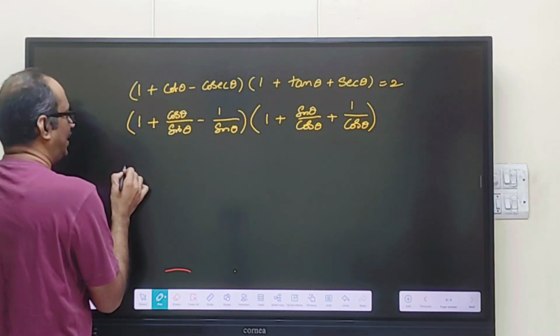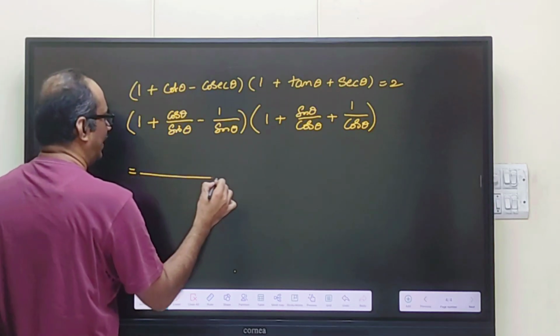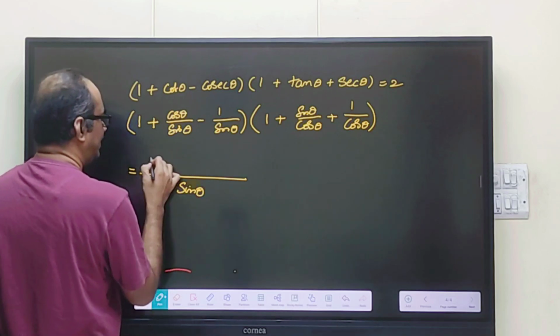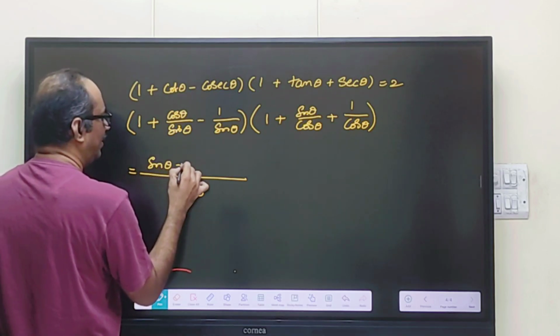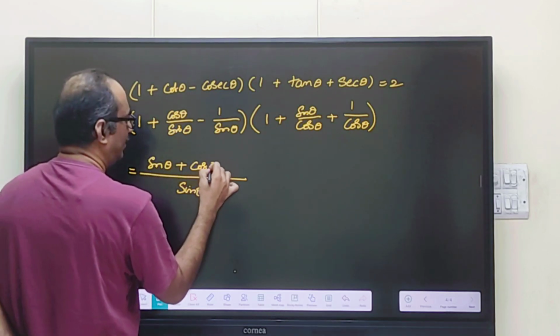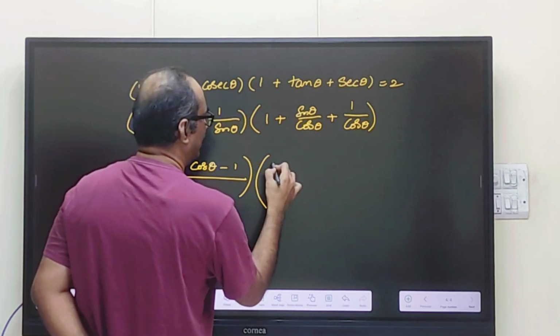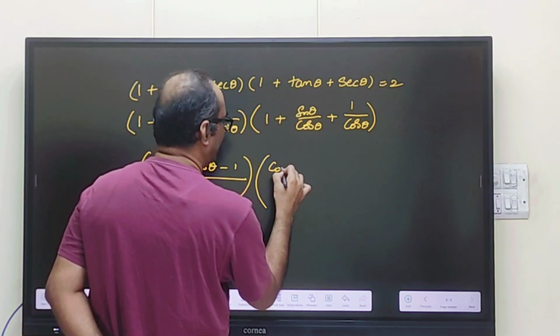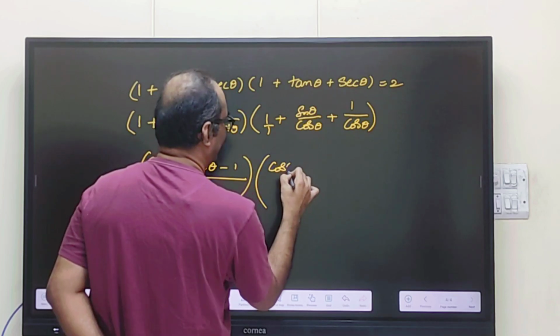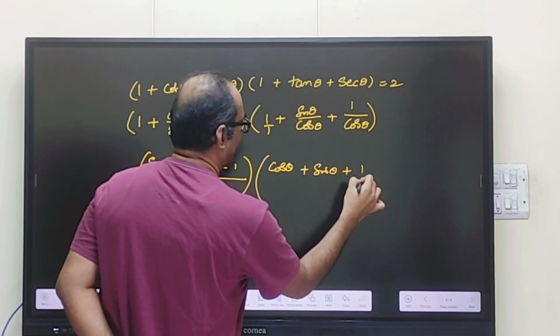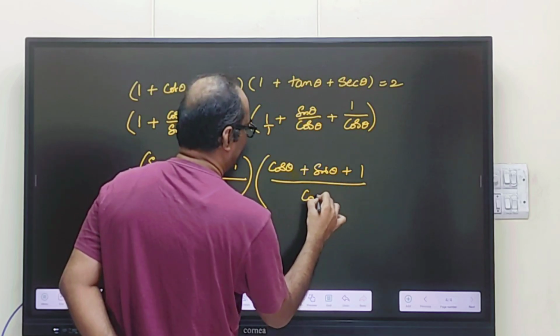So we started with LHS. Now let us take LCM here. We will get sin theta plus cos theta minus 1 divided by sin theta, and that I have to multiply with, if you take LCM here, it will be 1 by 1, so I will get cos theta plus sin theta plus 1 divided by cos theta.